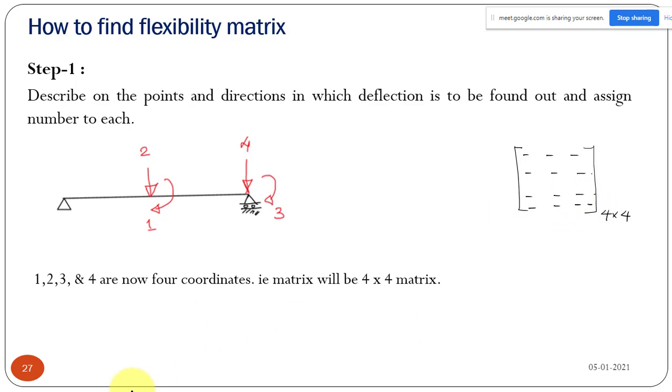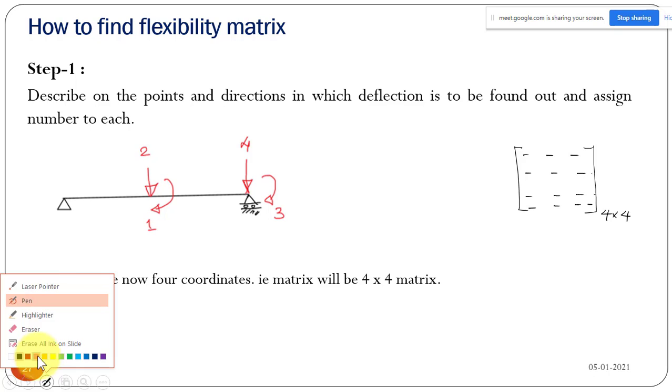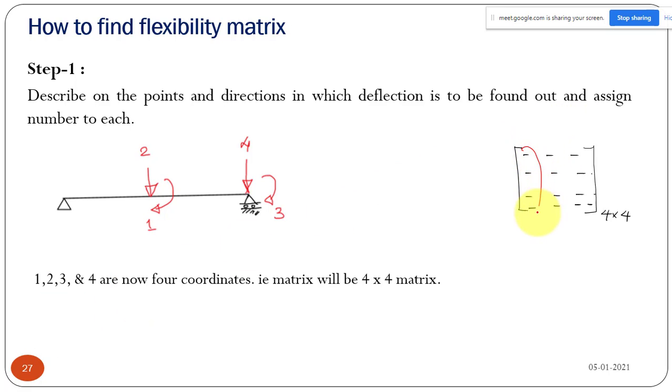So we can get the first column of your matrix. You have to apply a unit force. Take your simply supported beam and apply a unit force corresponding to this coordinate.